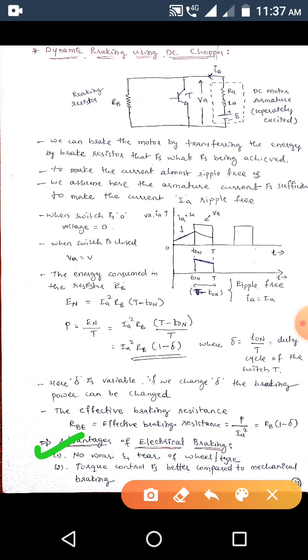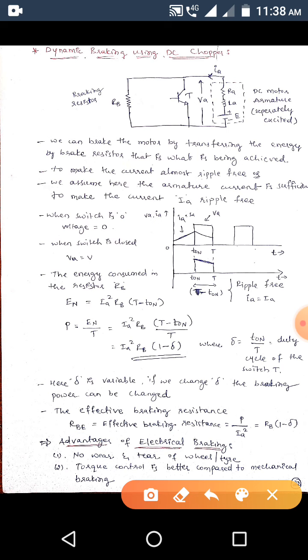Consider an electric vehicle: there is no friction applied on the wheel, because there will be no wear and tear between the road and the tire here.